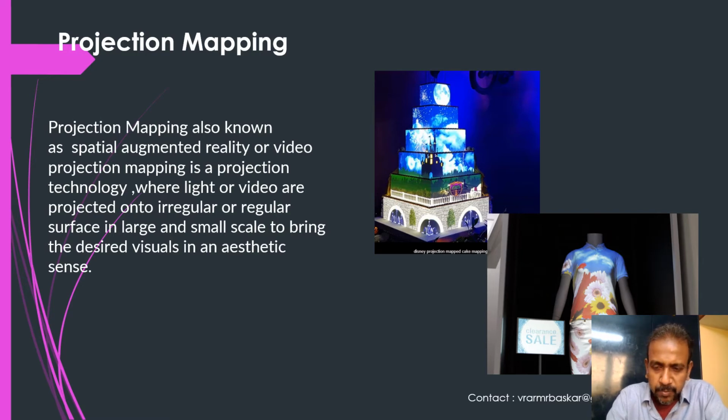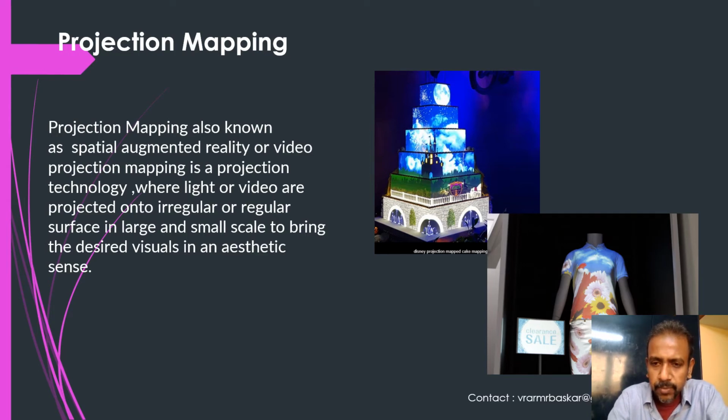So coming to projection mapping, this is another spectrum of reality where there is no need for hardware. You don't have to force consumers to wear a headset or mobile phone or Google Cardboard, a heavy headset on the head, right? Instead, you project video or 3D models over the video on regular or irregular surfaces, either on a small scale or large scale, to bring desired visuals in an aesthetic sense.